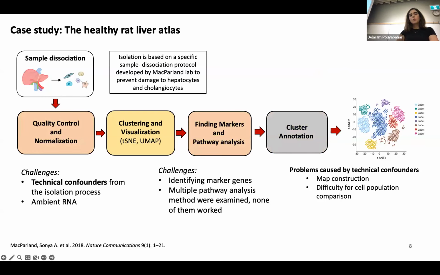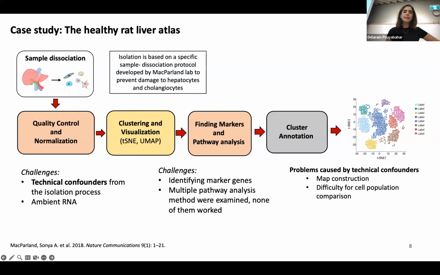In this example, some of the cell types in the liver, such as hepatocytes and cholangiocytes, are particularly sensitive to physical stress and known to get damaged throughout the dissociation process. And when they're damaged, their mRNA gets released and contaminates the other cells. So the contamination caused by these released mRNAs is called the ambient RNA contamination.